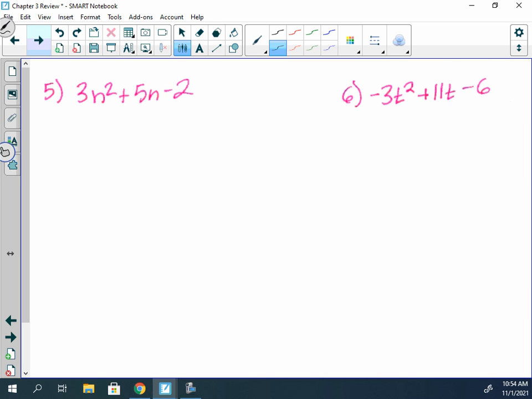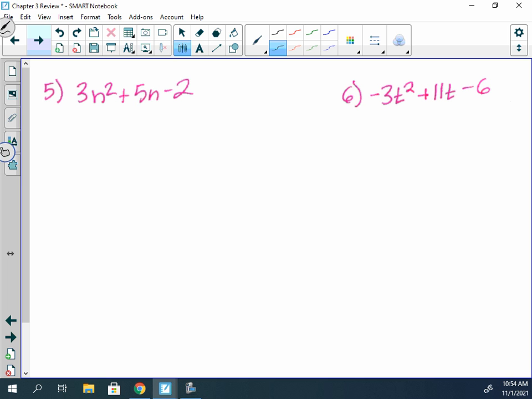Questions on 5 or 6? We can look at 6. So when we look at number 6, is there a greatest common factor between all 3 terms?